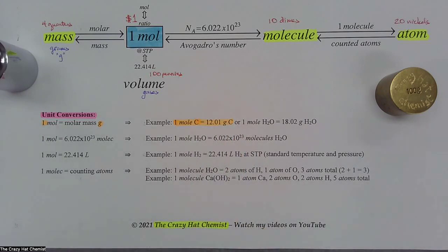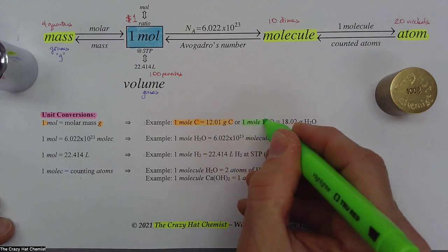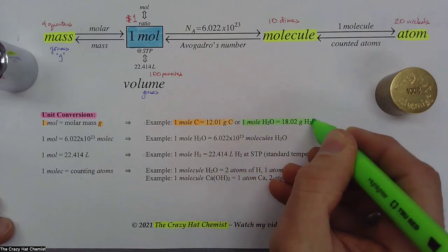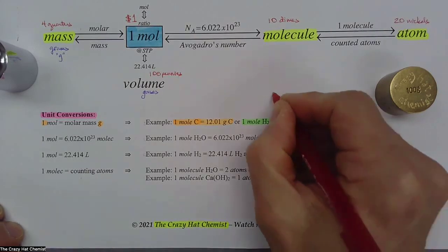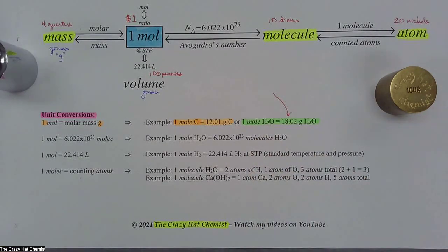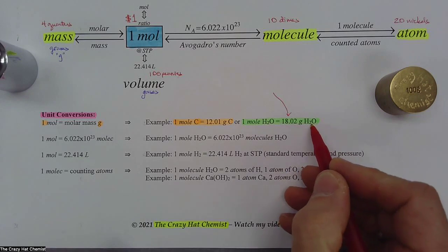That's an element example. Now I'm going to give you an example dealing with a compound. 1 mole of water is equal to 18.02 grams of water. Now the question is, how did we come up with this value of 18.02? We're going to look at the formula of water.